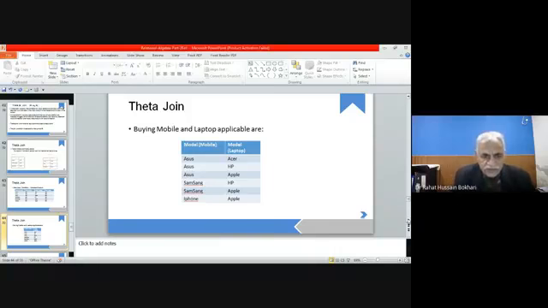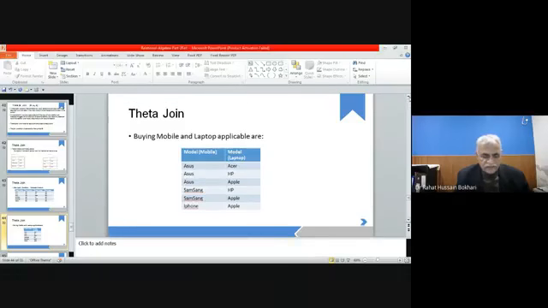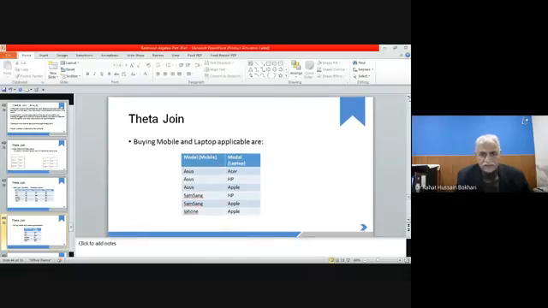This is the combination of those. So buying mobile and laptop applicable are this one. So this is one of the examples of the theta join. We can use even the same example with greater than, less than, not equal, etc. And then you have to do the practice for that.